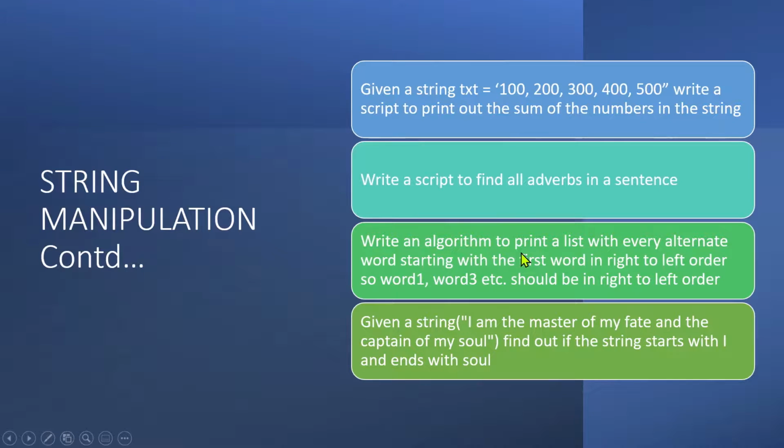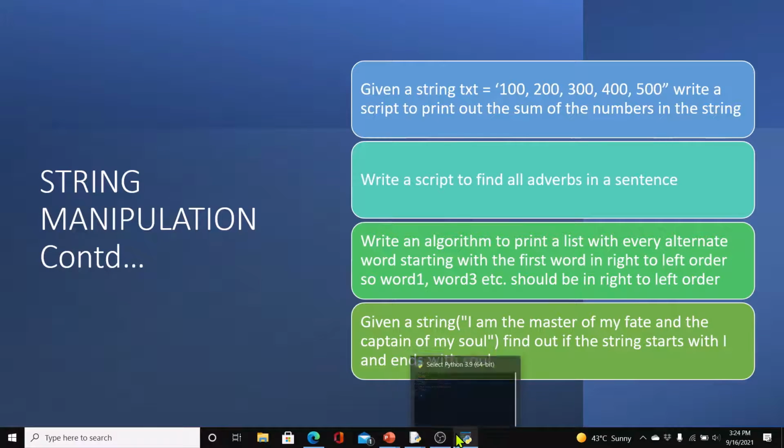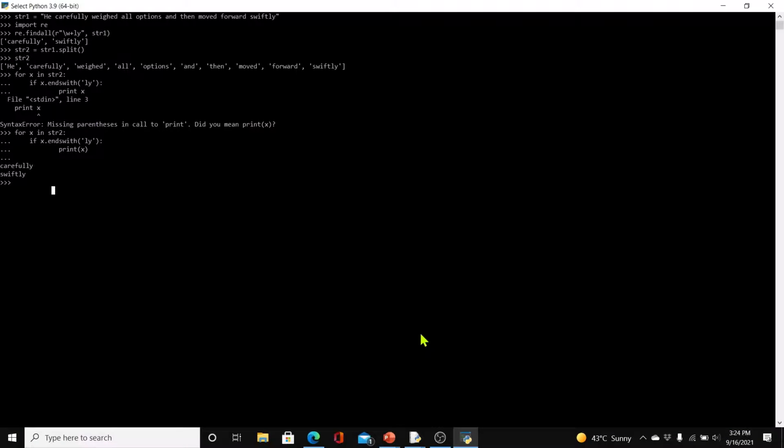write an algorithm to print a list with every alternate word starting with the first word in the right to left order. So what this means is, let me go back to the shell. It means that if I have a list, starting with the first word, this should be printed in reverse, then this one, and then this one. Now, first of all, how do I print in reverse?